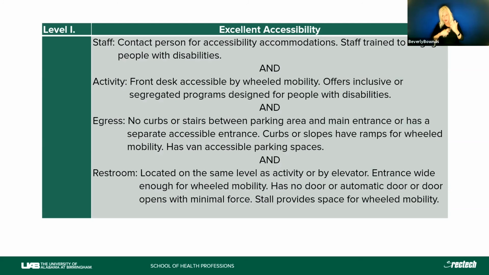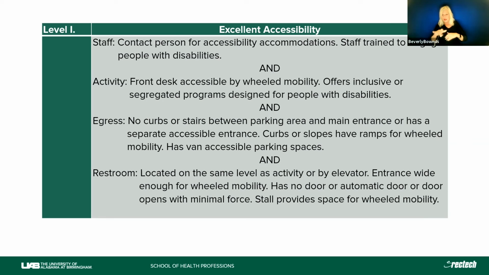Currently, we are working on a concept of accessibility wherein we rank every location at 5 levels of accessibility. Level 1 is excellent accessibility, wherein they have knowledgeable staff and inclusive or adapted activities, the egress is accessible, and restroom facilities are available.